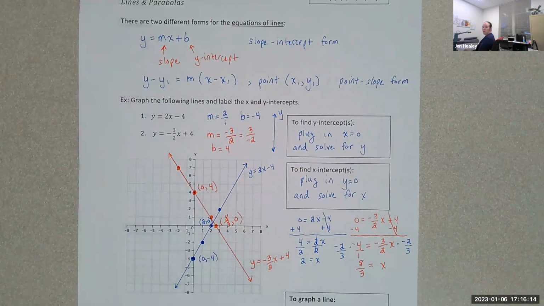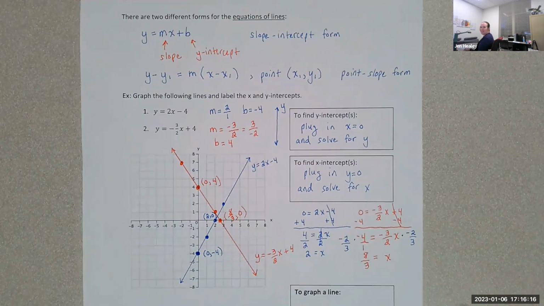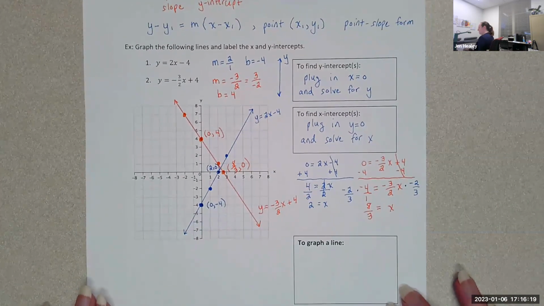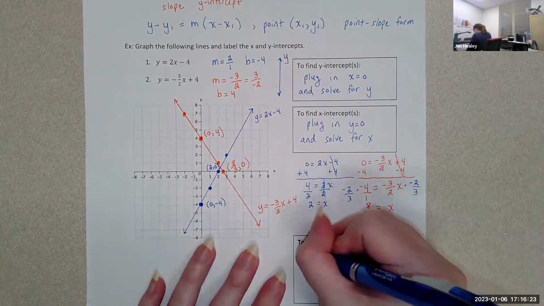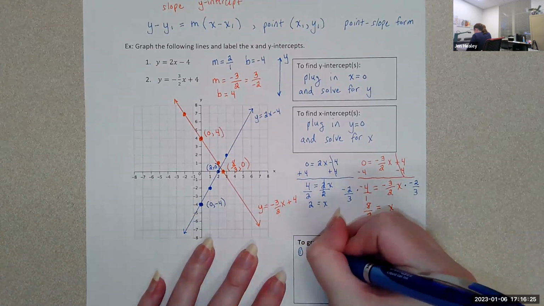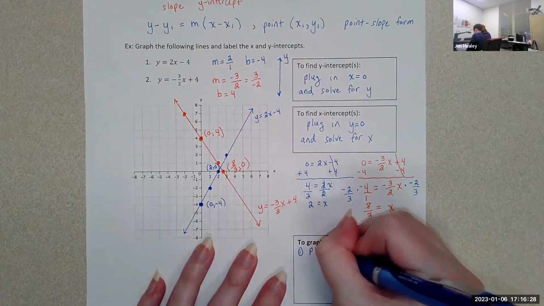Okay, so quick review of how to graph our lines. And so steps that you want to remember to graph a line. First thing you want to do is plot the y-intercept.